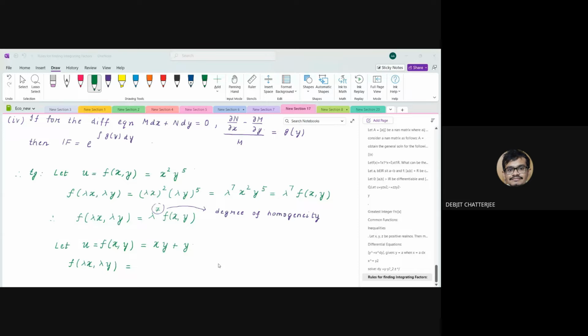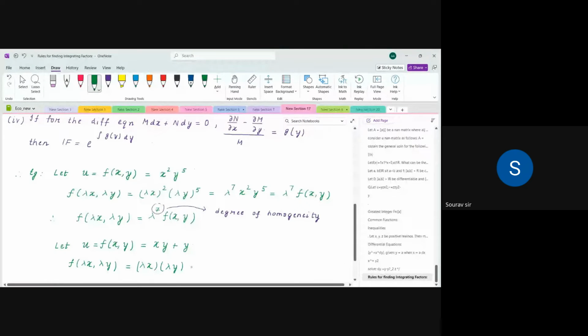Sir, it cannot be expressed. Okay, because it is becoming lambda x into lambda y plus lambda y. So one lambda can go out common, but you still have lambda xy plus y. Correct. So this function is not homogeneous of any degree.